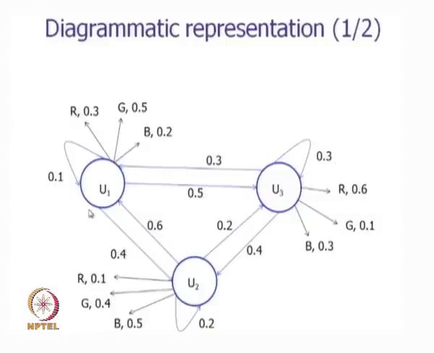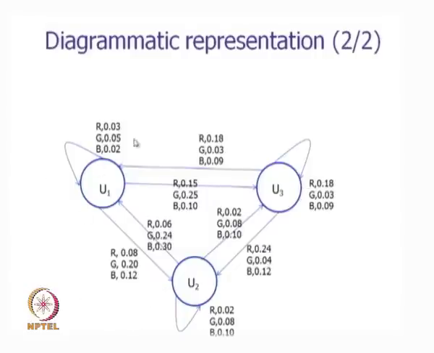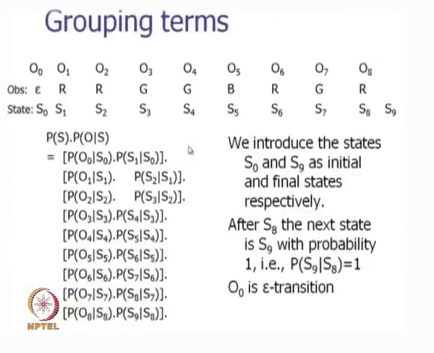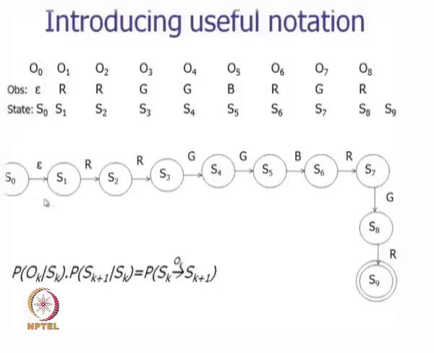In this hidden Markov model, we have the observation and transition probabilities, and they have been combined to produce this kind of probabilities on the arcs, and we have this kind of observation sequences. From the observation sequences, it is possible to go through either one single state sequence or a number of state sequences.